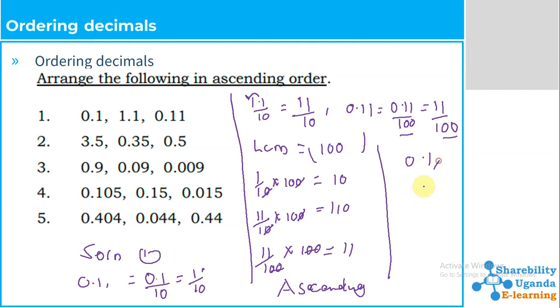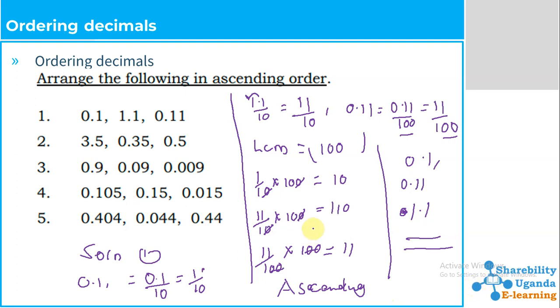Then we have 0.11 as the second, then our 1.1 is the last. So here we have arranged them according to ascending order. Let's proceed to another number.